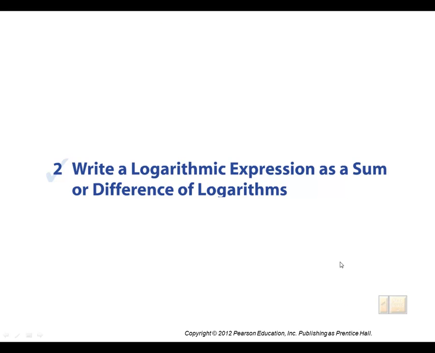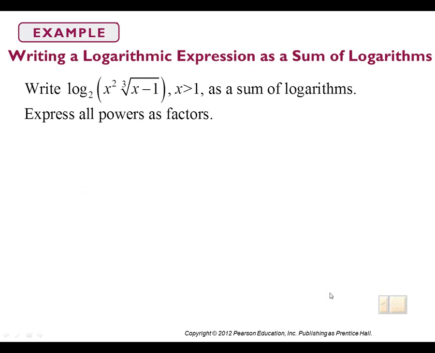Write a logarithmic expression as a sum or difference of logarithms. So first thing we want to do here is move the powers out front. In this case, there's nothing that's encompassing the whole thing, so there's no power up here, there's nothing to move out front.